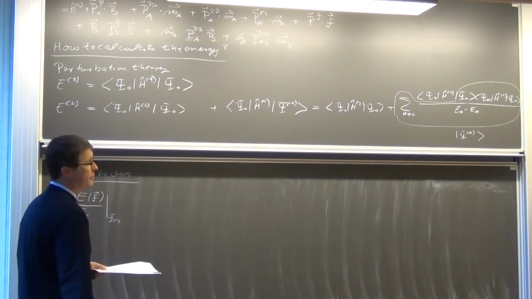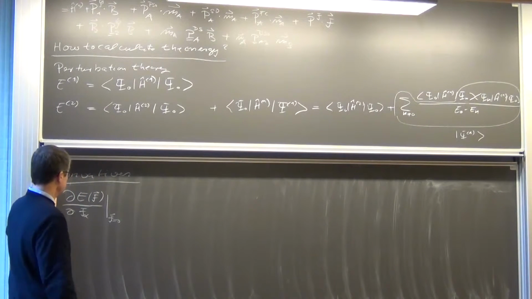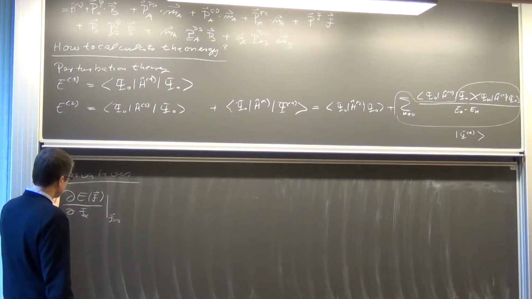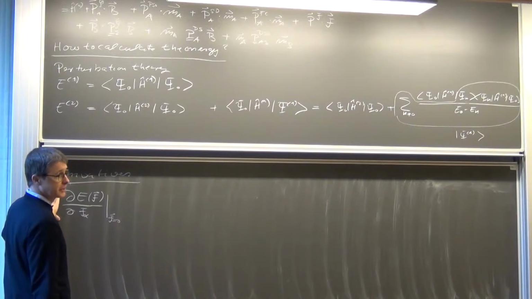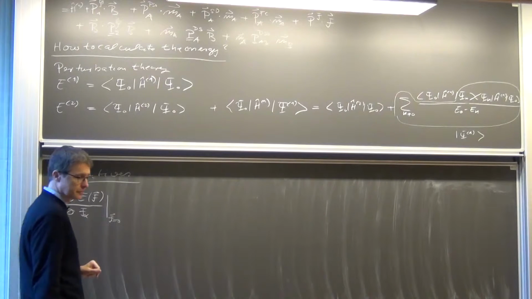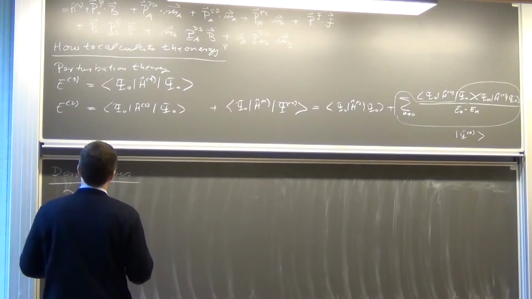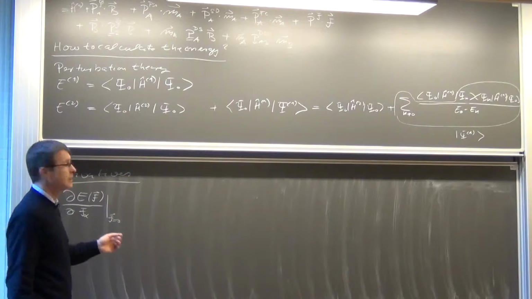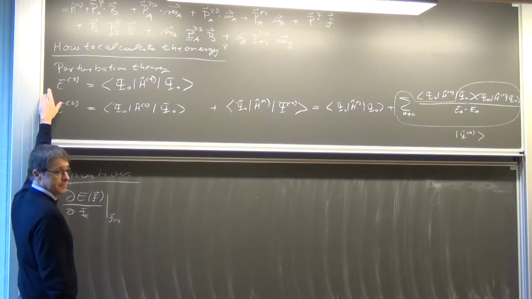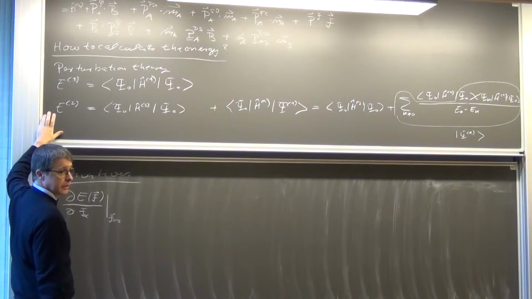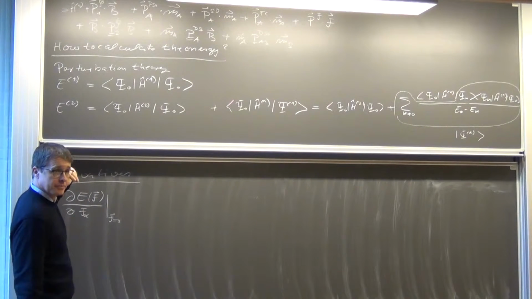Now, that was our definition of the properties, and now we want to use perturbation theory. In perturbation theory, we expand the energy in the unperturbed energy plus a first order correction plus a second order correction plus a third order correction and so forth.